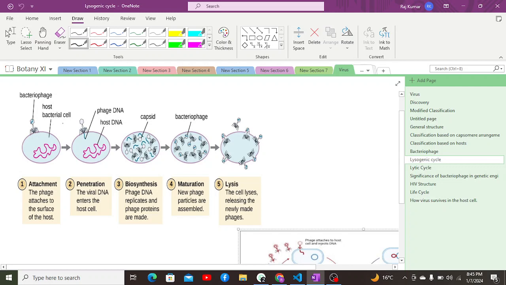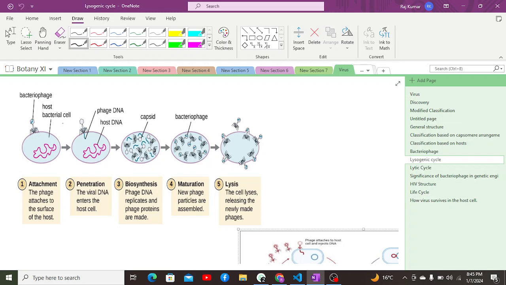When the receptor binding site of the caudal fibers present over the bacteriophage attaches with the receptor binding site over the surface of the bacteria, it helps in the process of adsorption and attachment.